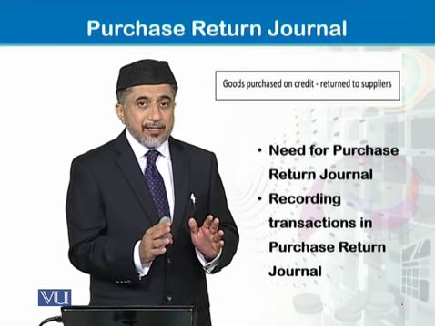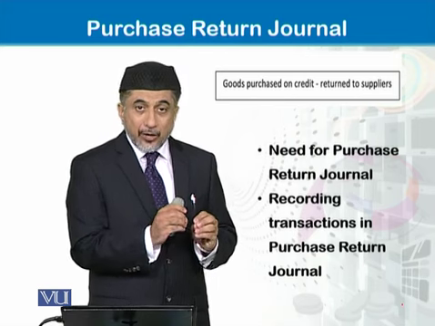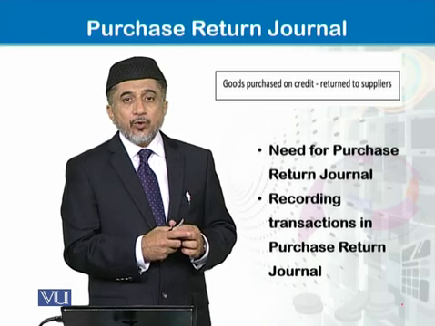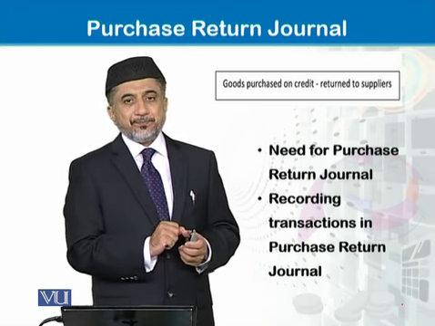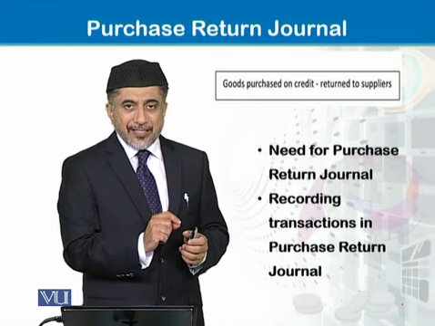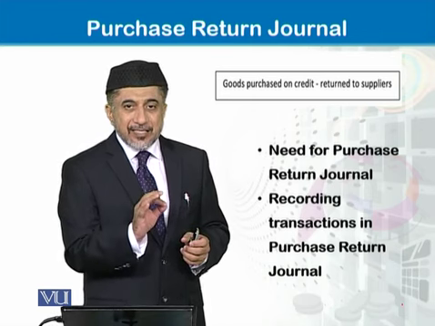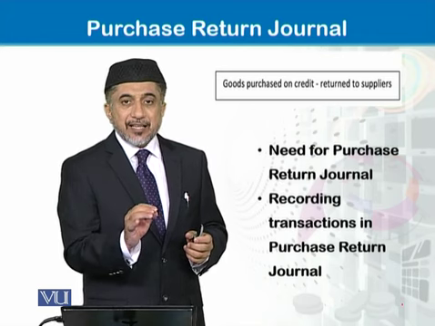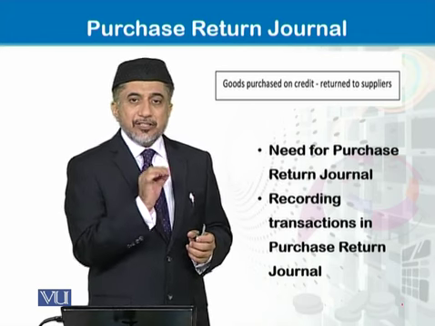We have already discussed that when we return goods to the supplier, we send a debit note. That debit note is in fact a permission to seek from the supplier: can we debit your account in our books?